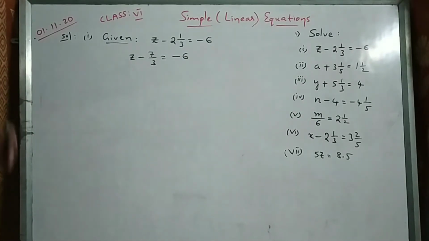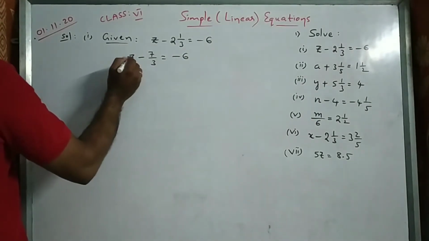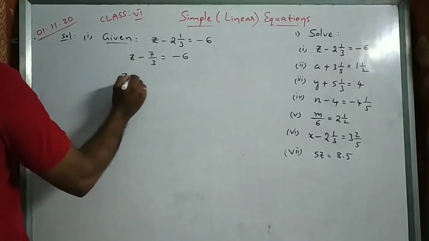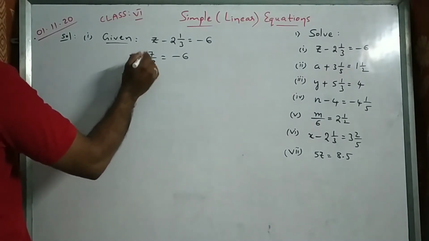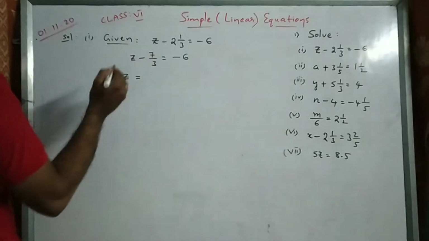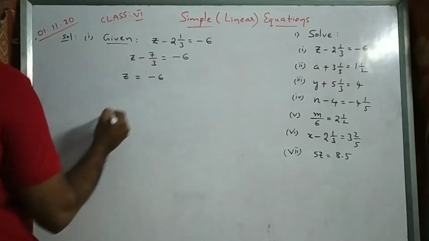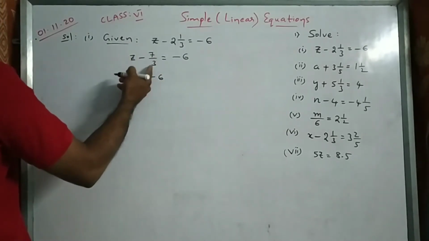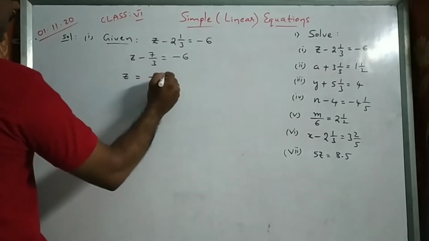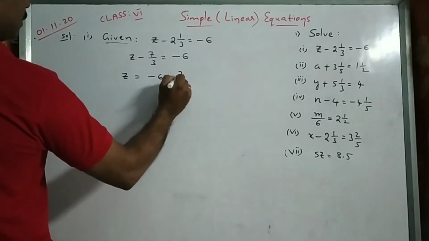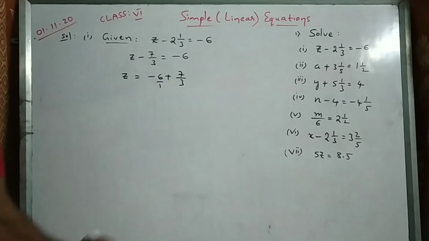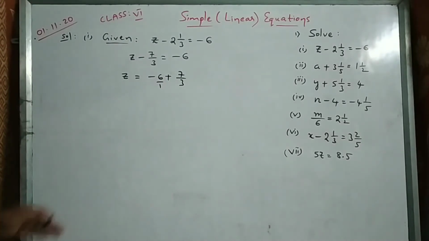So when we transpose to find the variable z here, I have to shift this minus 7 by 3 to the RHS side. So minus 6, minus 7 by 3, if I transpose to the RHS side, it becomes plus 7 by 3. Did you understand?